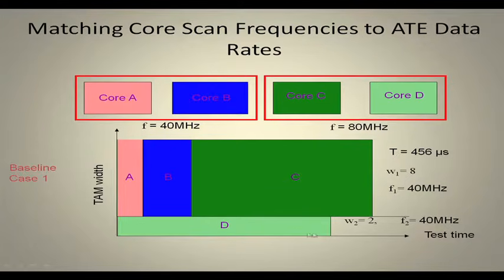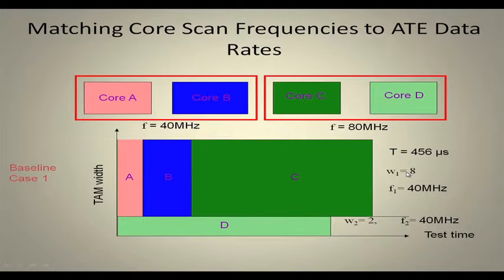This is W2, the width is 2, and we put it on a 40 megahertz frequency, and core A is put on W1, where W1 equal to 8, so the test width is 8.